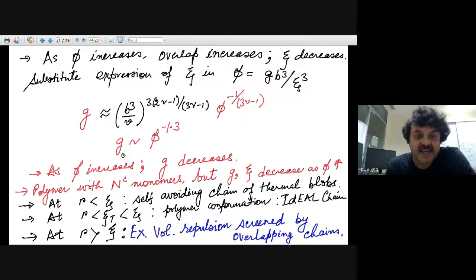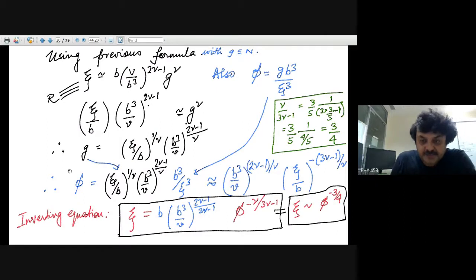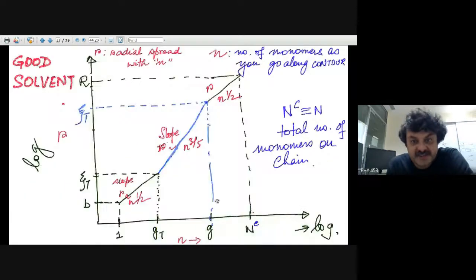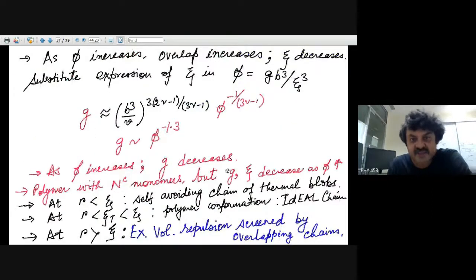So what is the message? As phi increases, G decreases. The number of monomers in the correlation volume, of course, decreases because the correlation length itself is decreasing. So for a polymer with N_c monomers in the entire chain, G and zeta decrease as phi, the monomer volume concentration, increases, right?